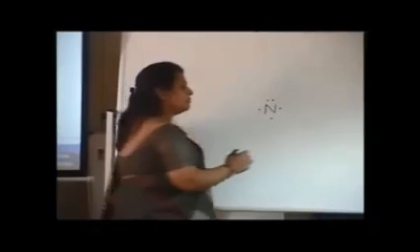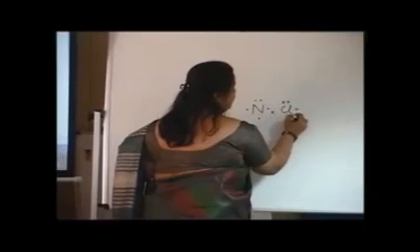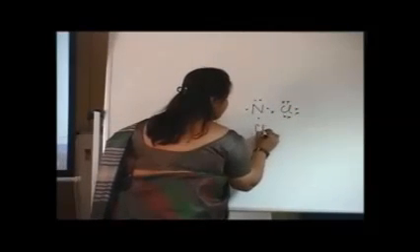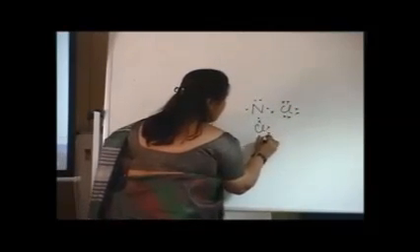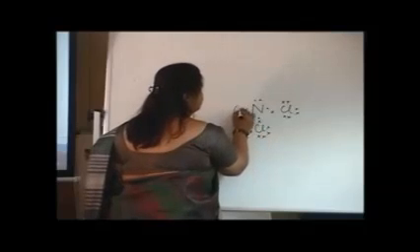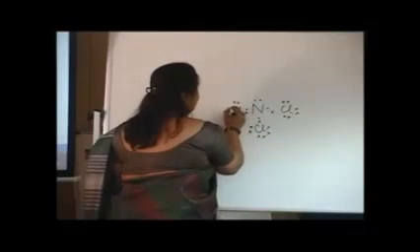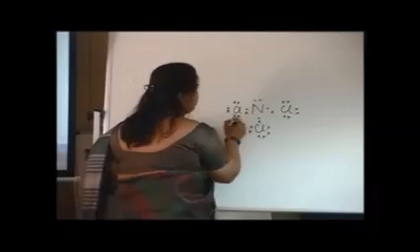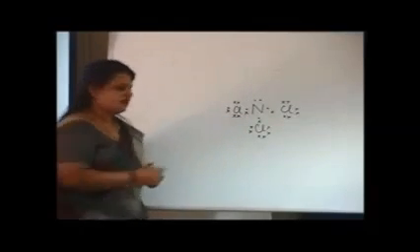It is forming bonds with 3 Cl atoms. Each Cl atom has 7 electrons. This is how we can write the electrons. I am writing them with crosses in order to differentiate between the two types of electrons. So the bond is established like this.